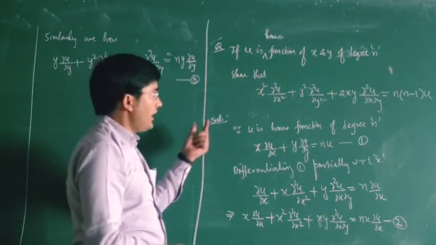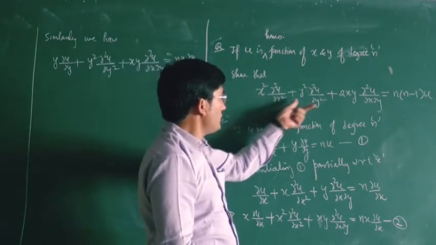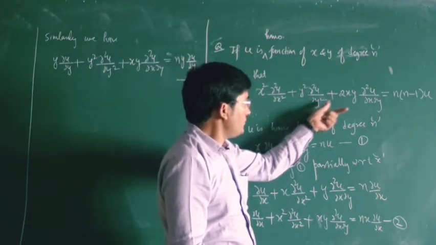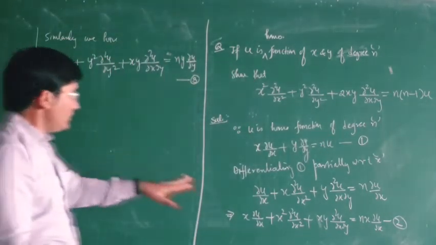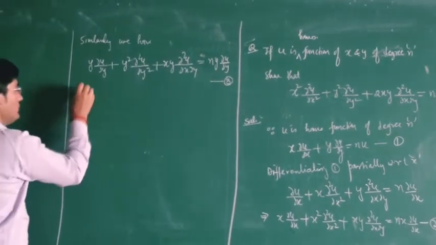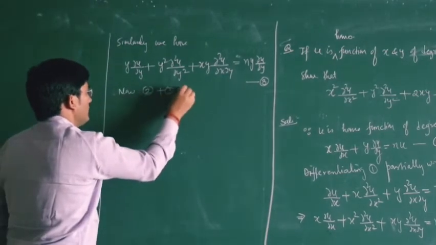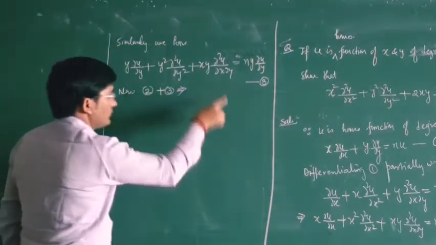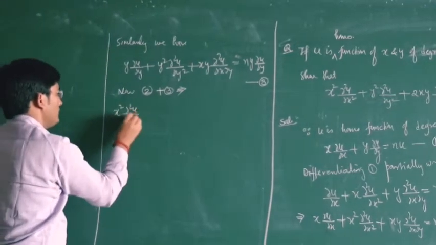Now, as we have to get the value of x square del 2u upon del x2 plus y square del 2u upon del y2 plus 2 times xy del 2u upon del x del y, let us add equation number 2 and 3. So now the sum of equation number 2 and 3 will give, the first term is x square del 2u upon del x2.